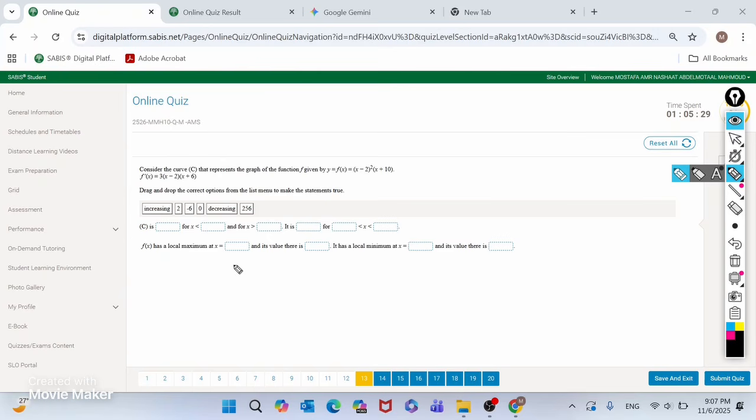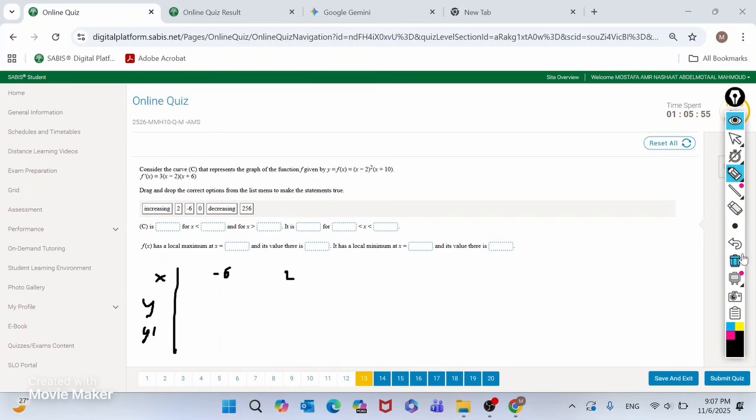So it's equal to 0 at x equals negative 6 and at x equals 2. So here you have the x, here you have the y, and here the y prime.